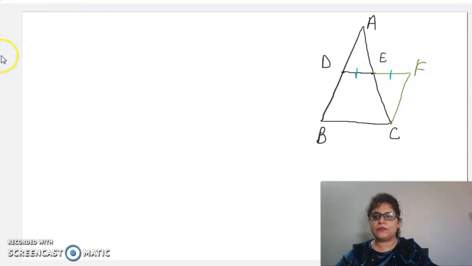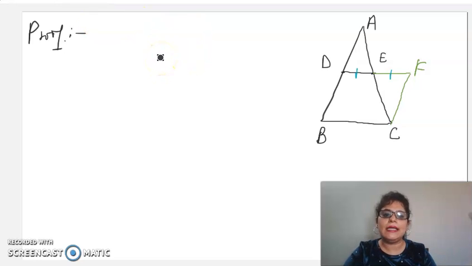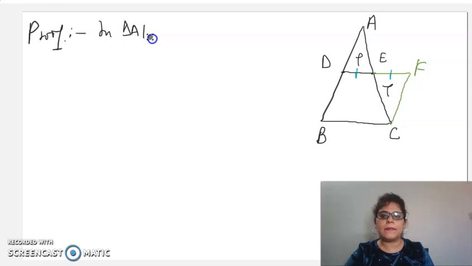Now let us start the proof of it. Okay, proof. So first of all, if you see in triangle AED and triangle EFC, in these two triangles 1 and 2, in triangle AED and triangle CEF, you know that E is the midpoint, AE is equal to EC.